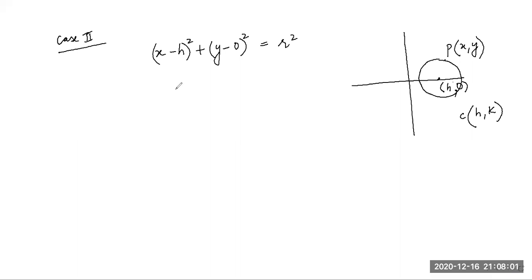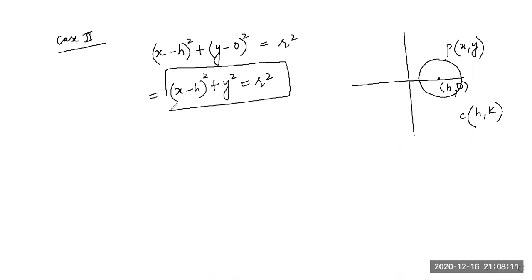So x minus h whole square plus y square is equal to r square is the equation of the circle when the center lies on x-axis.